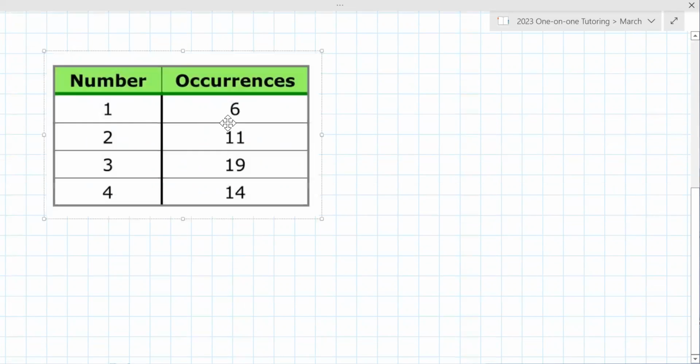Okay, so here is a table of data. And this is empirical, not that you need to know that quite yet. But it means that somebody went out and collected this data.